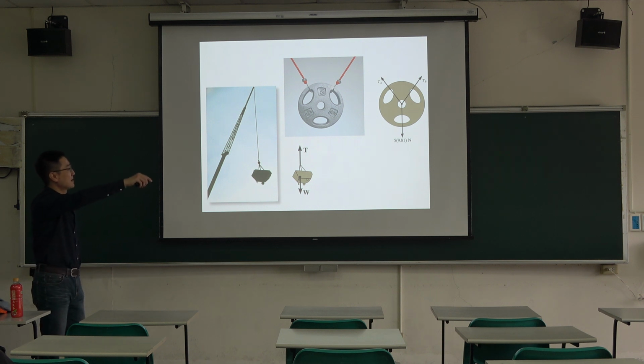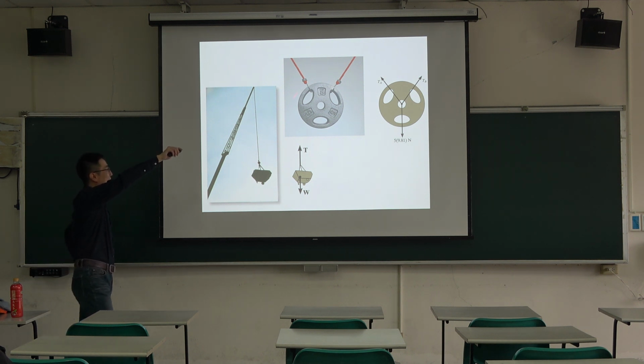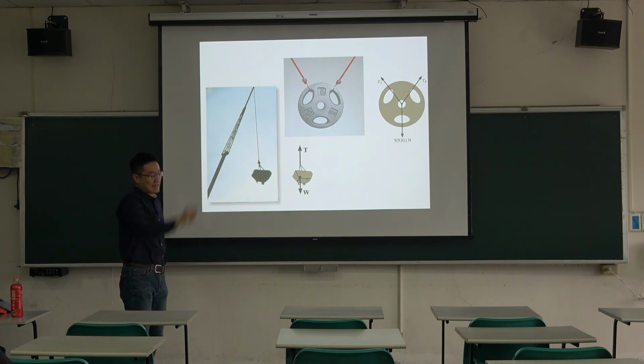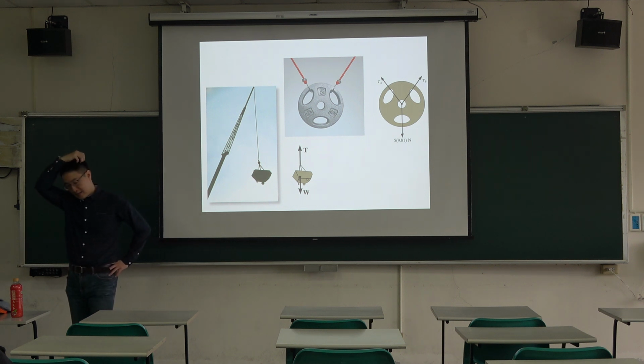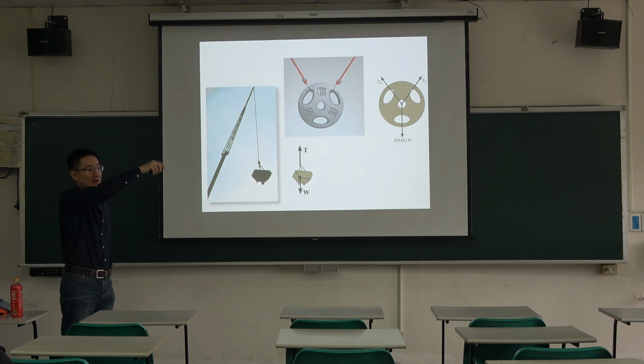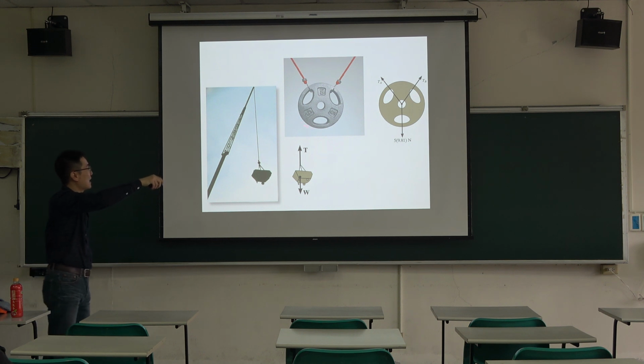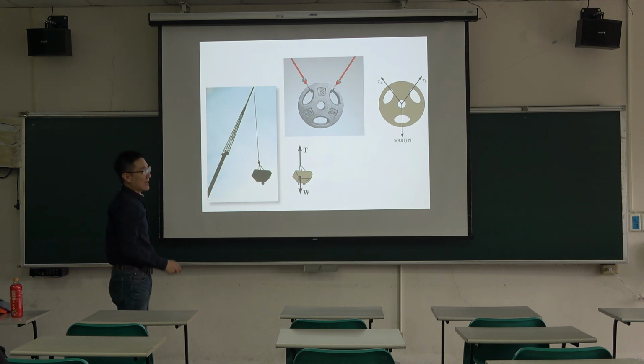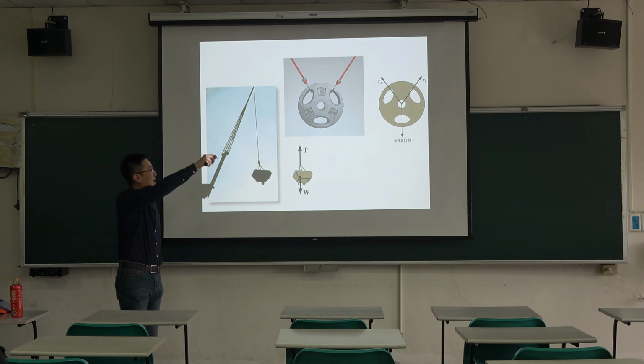Then the right side. There is a weight here. Then we use two cords connected to this object. For simplified analysis, we didn't properly consider the element effect.